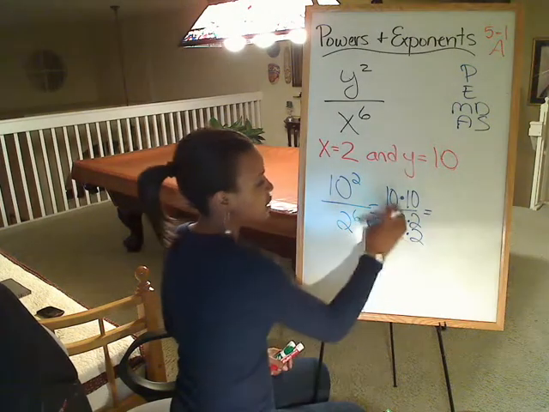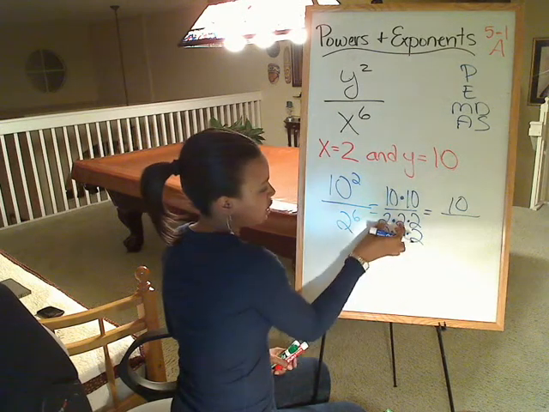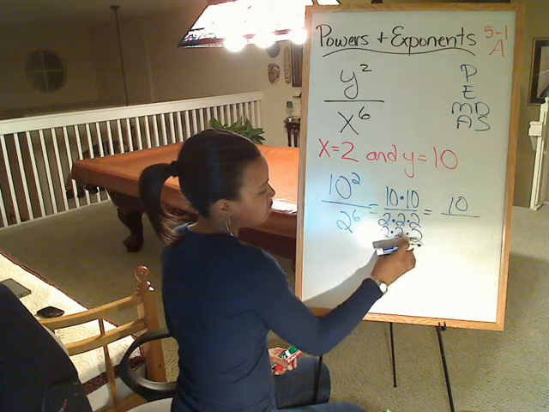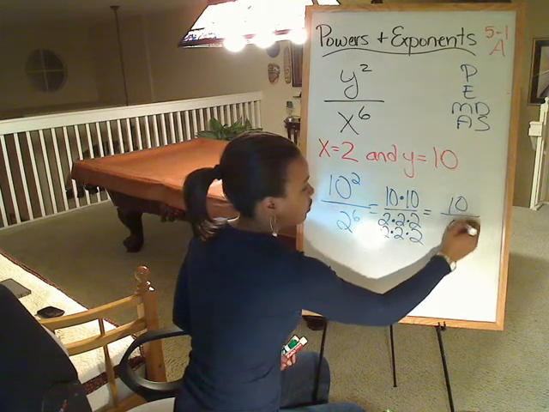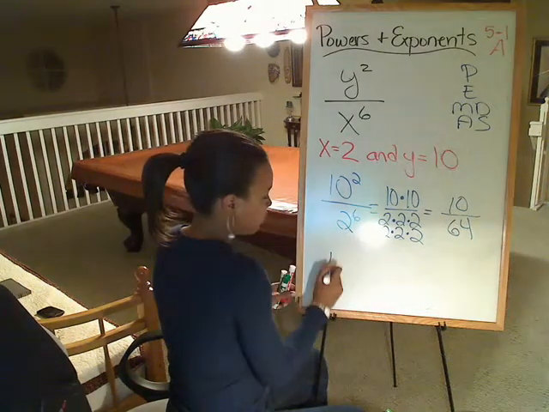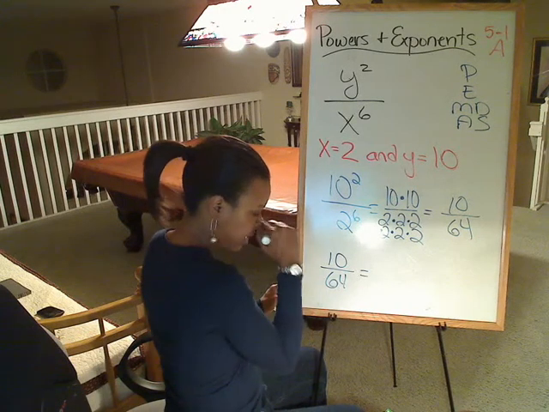10 times 10 is 100. 2 to the 6th is 4, 16, 32, 64. 64. Okay? So your final answer is 10 over 64. And we can simplify that by dividing by 2.